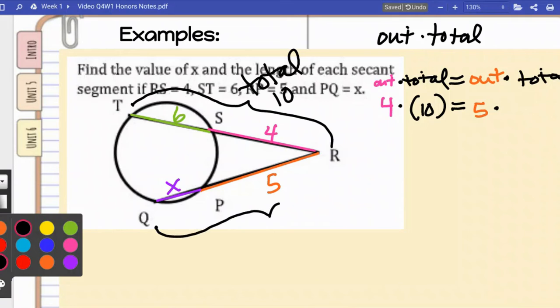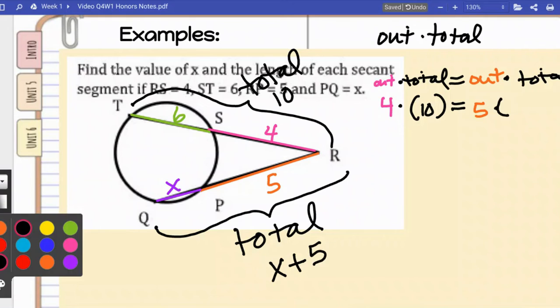Well, from Q to R to get the total, we're going to add QP and PR. So that's X plus 5. So my total is actually X plus 5. So I get 4 times 10, which is 40, equals 5X plus 25.